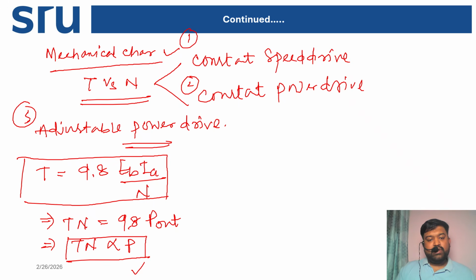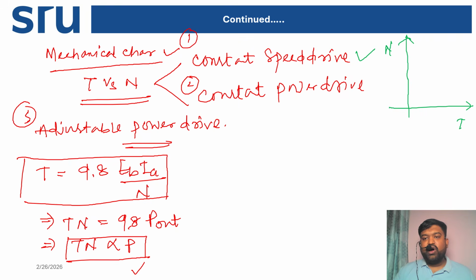First, we see the constant speed drive. Here, the constant speed drive means again we will draw the graph. One is your speed, another one is your torque. Constant speed drive means it is independent of the torque.